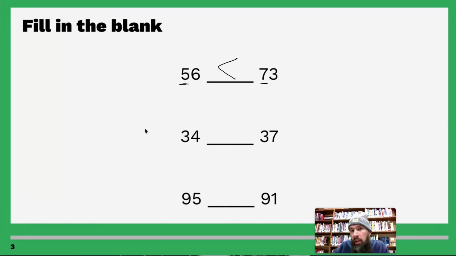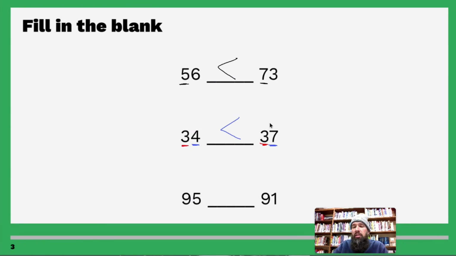Now let's take a look at the next one. Take a look at the first digit. They're the same. That stinks. So what do we do? Jump to the second digit. You will see in the second digit that 7 is bigger than 4, so the alligator is going to eat the 7. 34 is less than 37.